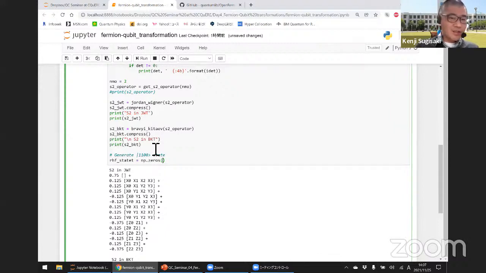The expectation value can be calculated by using a sparse matrix.